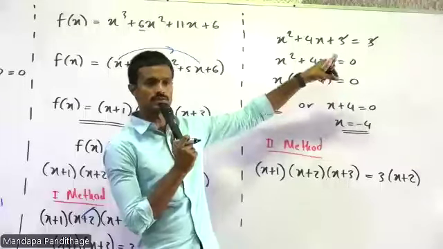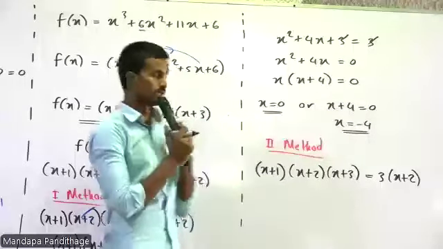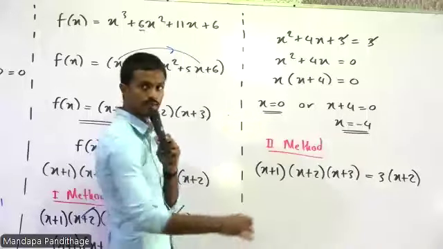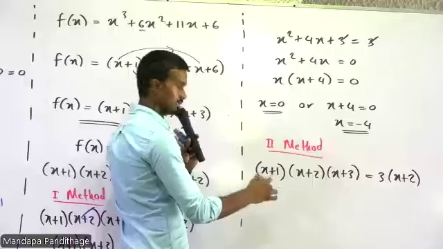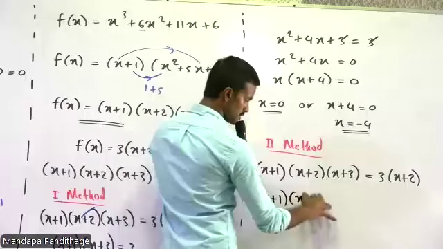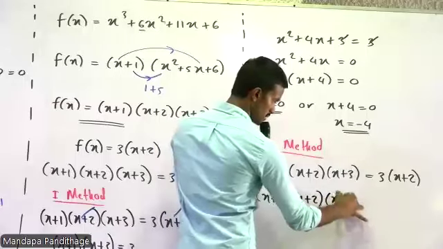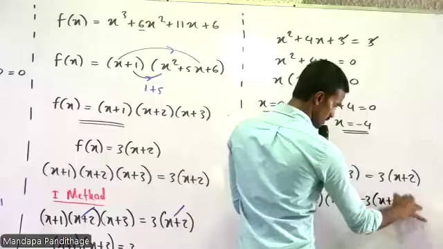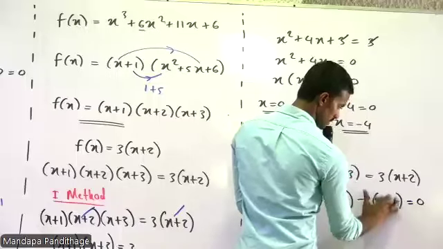So if you take this to this side, you get x plus 1, x plus 2, x plus 3 minus 3 times x plus 2 is equal to 0. So this is what you get.